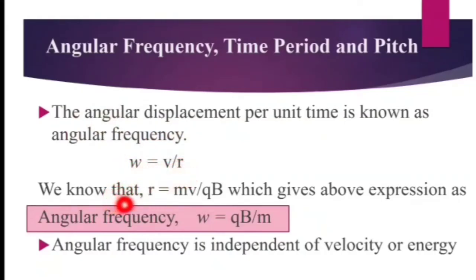And already we have obtained the expression for radius as r is equal to mv by qB. By applying this in the above equation, we get angular frequency omega is equal to qB by m. And from this, it is very clear that the angular frequency does not depend on velocity or energy.